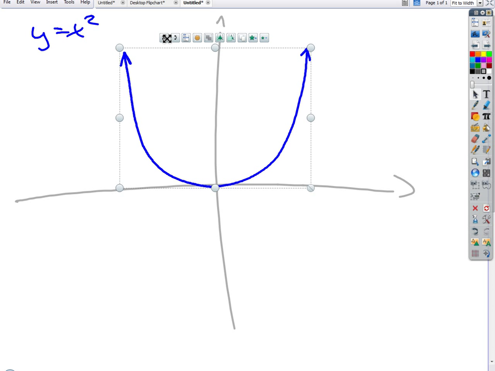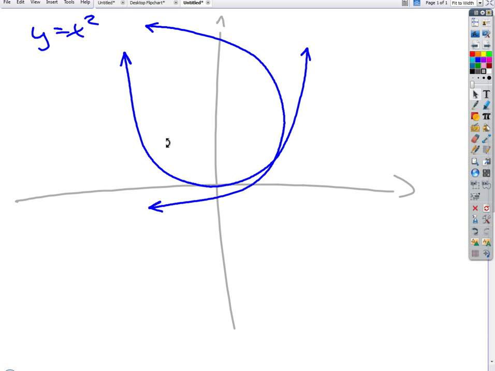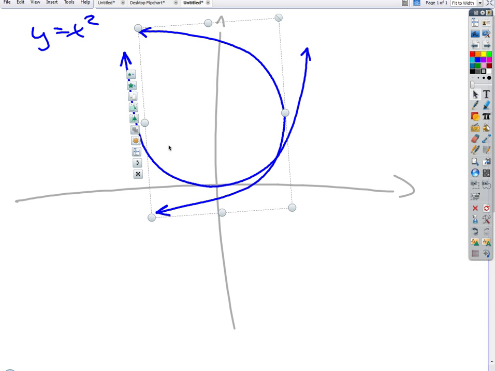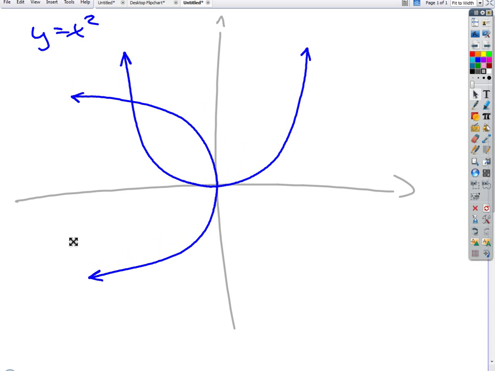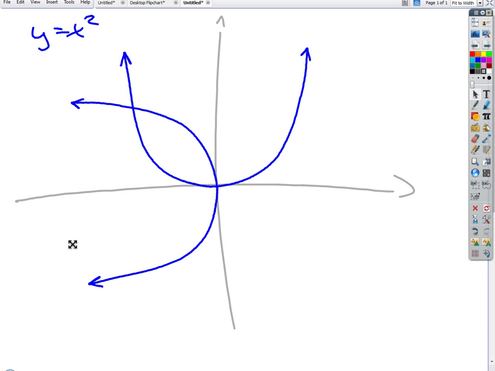So if I rotate it 90 degrees, I gotta move that a little bit too, don't I? It'd be right there, wouldn't it, if I took this whole thing and rotated it down? Everybody agree?